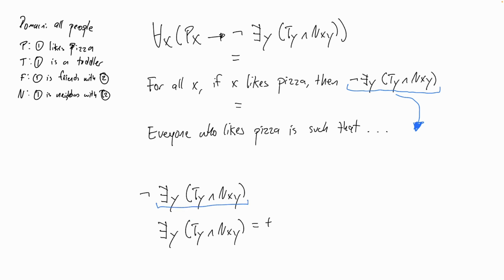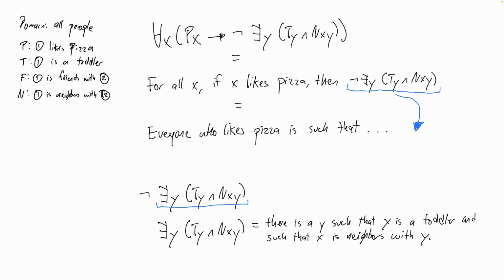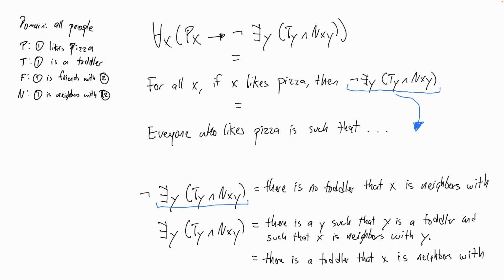That says there is a y such that y is a toddler and such that x is neighbors with y. In other words, the formula being negated says there is a toddler that x is neighbors with. So it's not the case that there exists a y such that ty and nxy just denies that there's a toddler that x is neighbors with. In other words, it says there is no toddler that x is neighbors with.